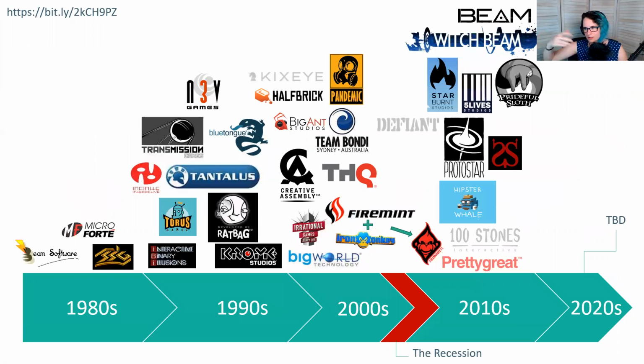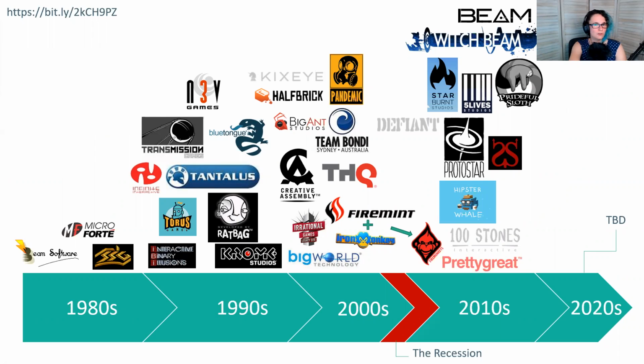So we have a small collection of game developers. Unfortunately, of late, Defiant closed like November last year. A bunch of these are no longer around or are bare bones.